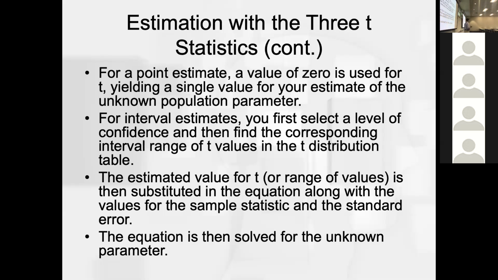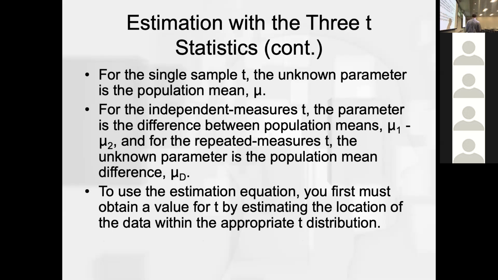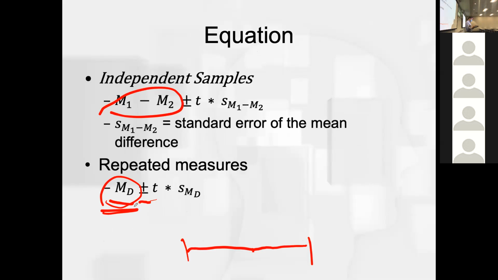For that point estimate, you're just using a 0 for the t, right? That's just essentially a way of saying it's the same equation. At this point, you're just taking that point. That first initial thing in that confidence interval equation, that's your point estimate, right? The whole thing together is your confidence interval.